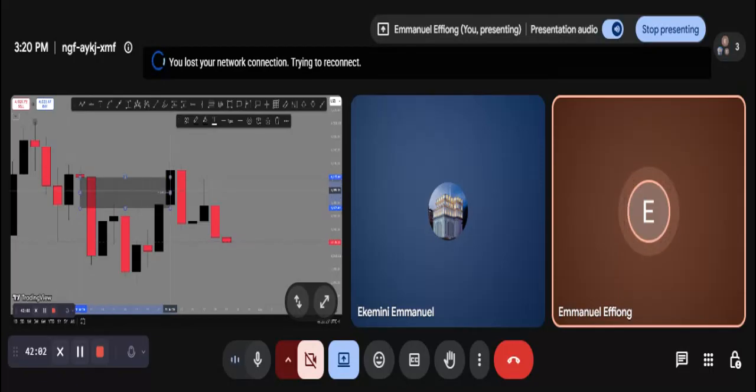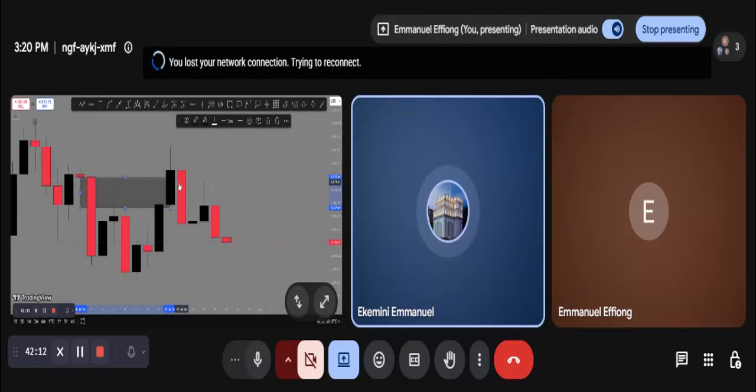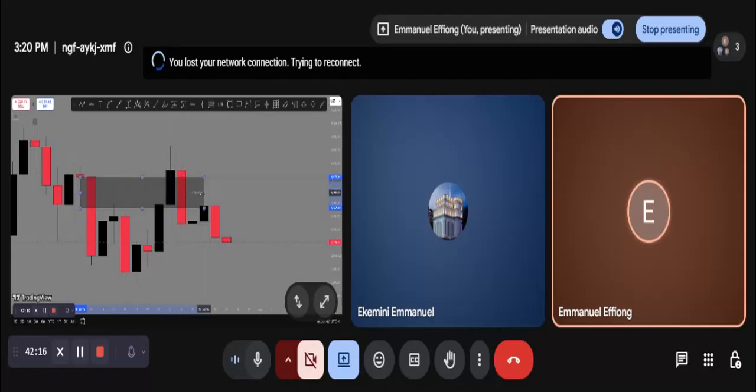After we had this break up, what were we expecting? We're expecting the market to continue up. Correct. But what happened? It still came to break down. So it becomes more like a triple break, because this is the first break, second break, and third break.